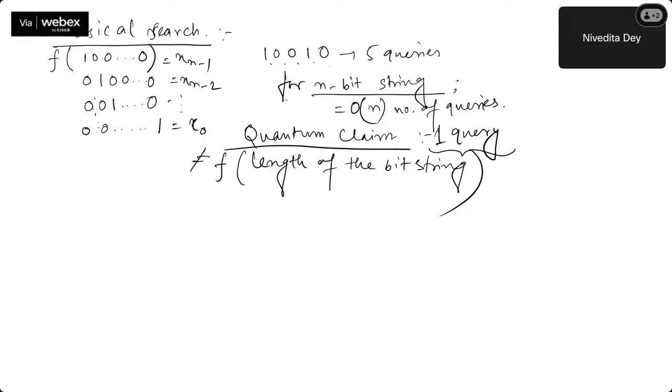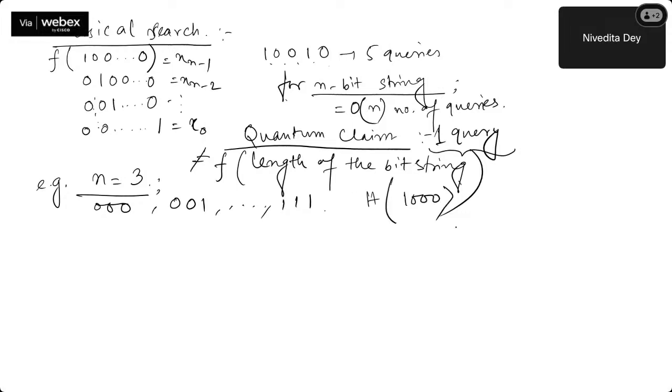Then at the end, we will look into what the quantum circuit for that is. Say we have, for example, n equal to 3. That means how many total possible states can I have? I can have total states as 0, 0, 0 till 0, 0, 1, likewise till 1, 1, 1. Okay. And Hadamard on 0, 0, 0 will give what?